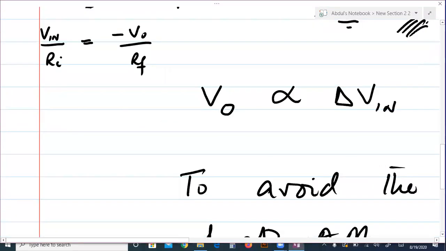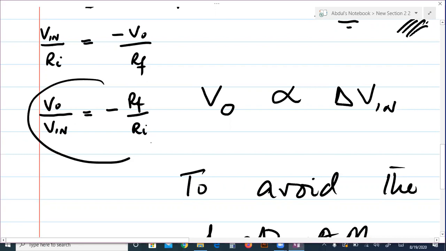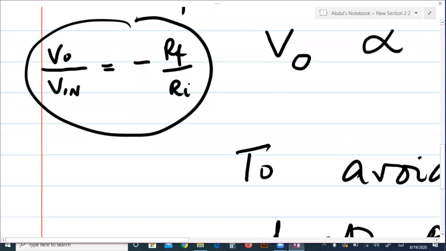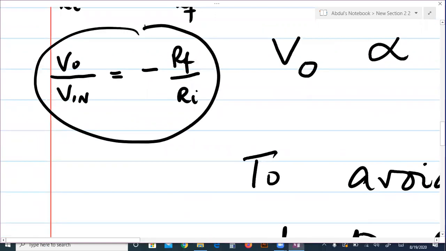Now it can be written as output voltage divided by input voltage is equal to minus RF over RI. This output voltage over input voltage is the gain of any operational amplifier. So in this op-amp, gain is minus RF over RI.